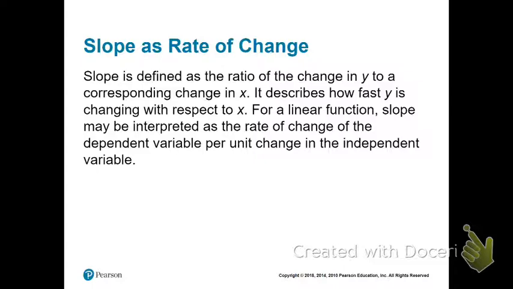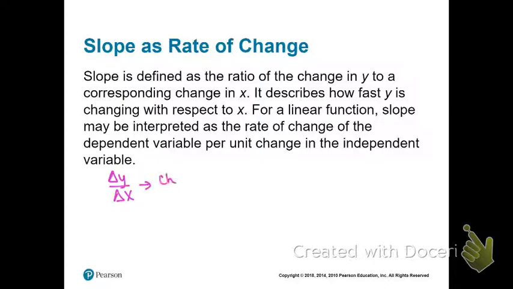So what they're saying is, really they're trying to help us label it. When they ask us, what does a slope represent? It's always whatever the units were of the y per whatever the units are of the x. Because our slope, remember, is the change in y over the change in x. That's why we have y2 minus y1 on top, x2 minus x1 on bottom.